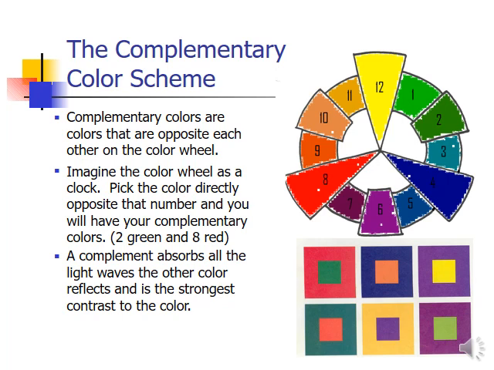Pick the color directly opposite that number and you will have the complementary color. 2 is green and 8 is red, so 2 and 8 are complementary. So red is the complement of green. A complement absorbs all the light waves the other color reflects, and it's the strongest contrast to the color.